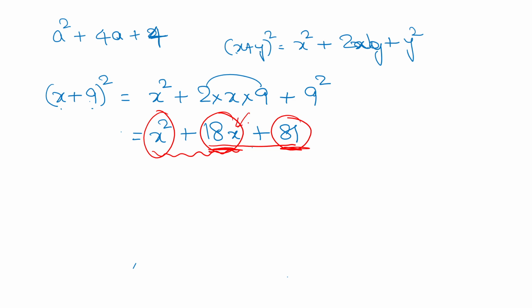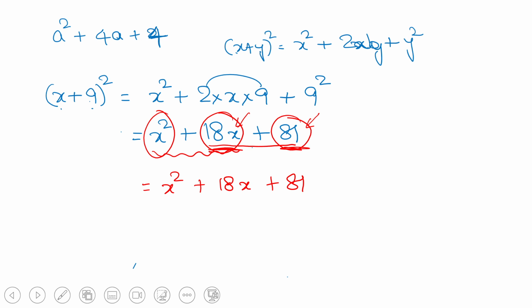You have x over here, and this is a constant, there is no x. Therefore the answer is x square plus 18x plus 81. You cannot simplify this. Understood?